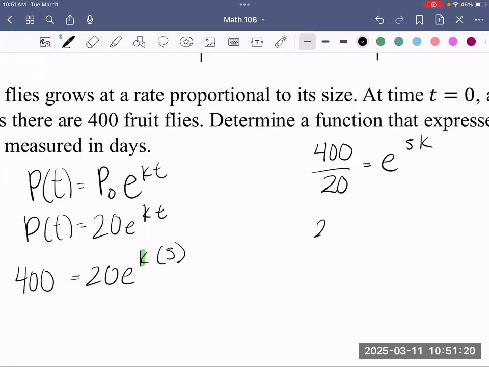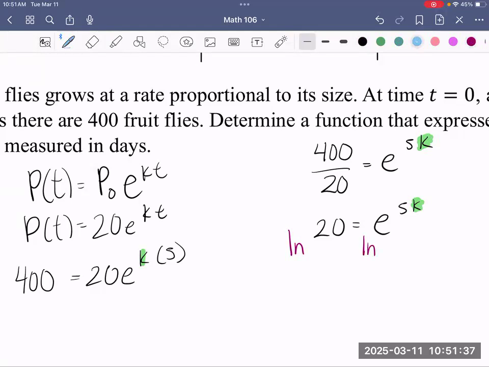So now we have 20 is equal to e to the 5k. Now, how do we undo this exponential? Because k is up high in your exponent and we need to drop it down. So to drop that k down, we need to take the ln of both sides.